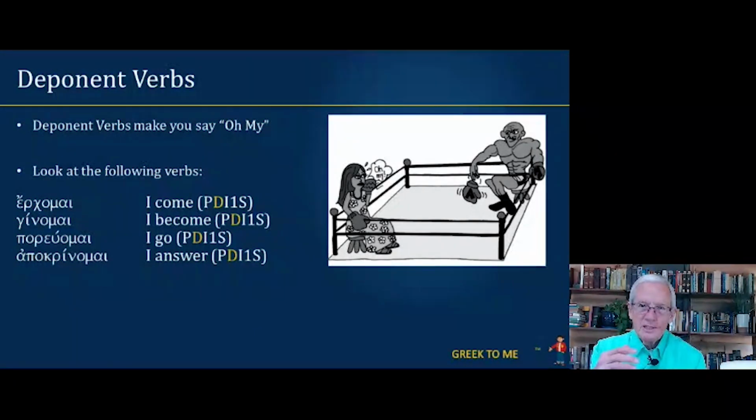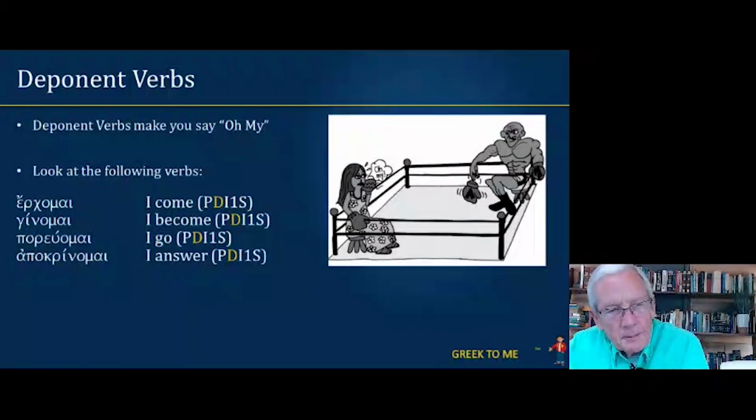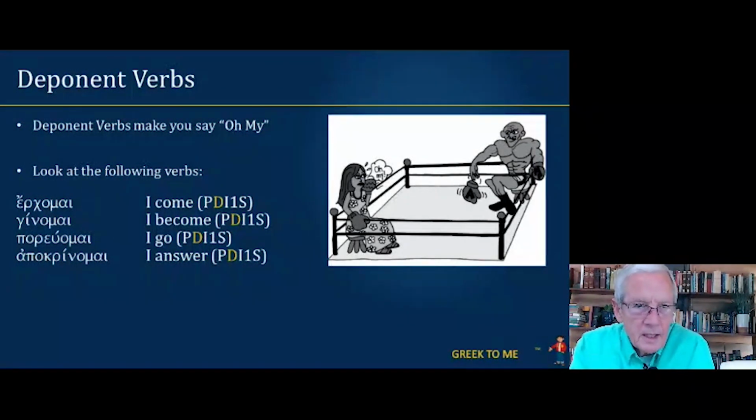So the opponent that's there: we have erchomai, ginomai, poreuomai, apokrinomai. Erchomai means I come, ginomai, I become, poreuomai, I go, and apokrinomai, I answer.